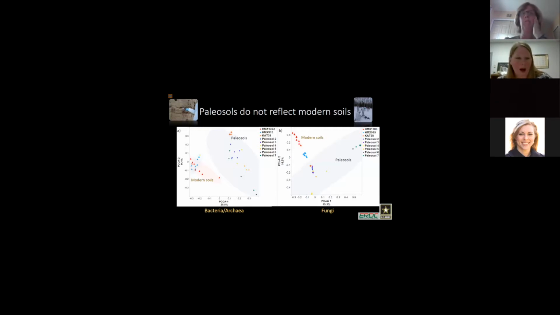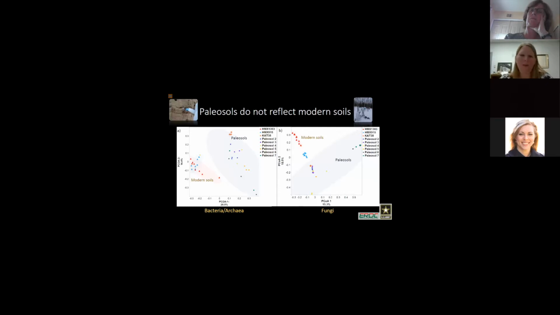So in this sense, there's something different that's been happening in the past as compared to what we're observing in the current times. And you can see a vast change even within the modern soil, suggesting heterogeneity, but they're not even close to the paleosols, particularly on the first ordination axis, which captures the most diversity of the system.